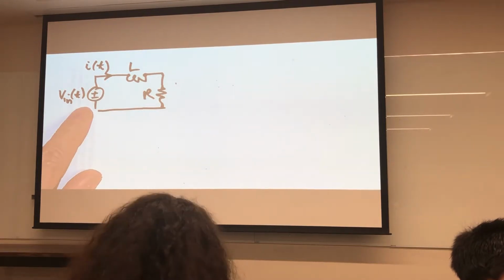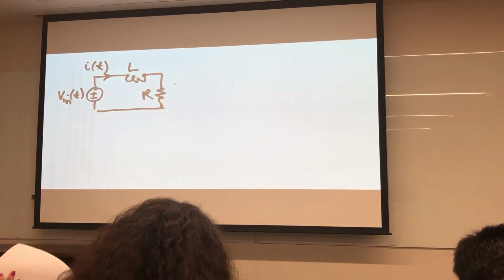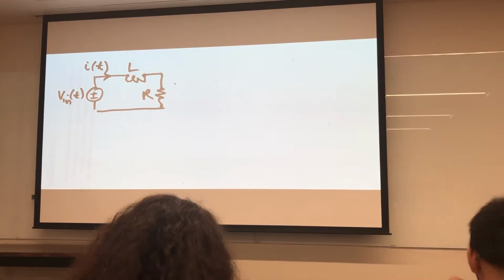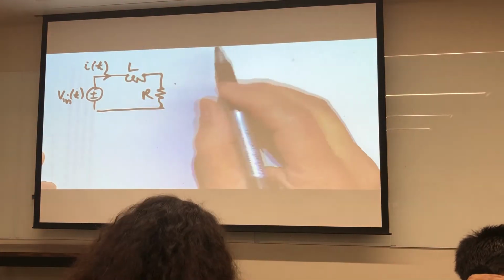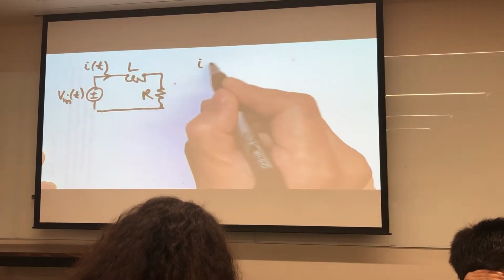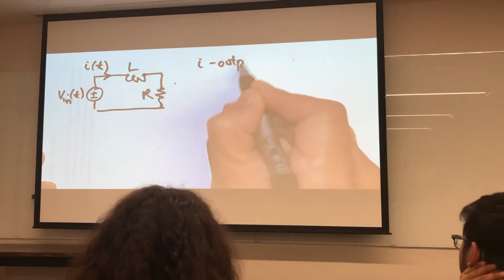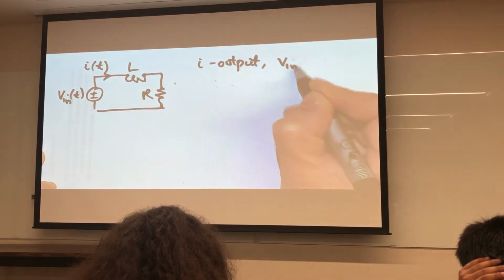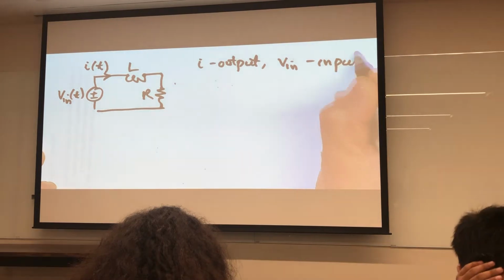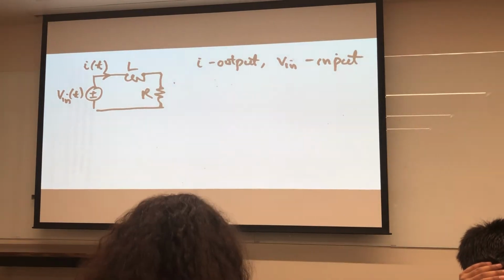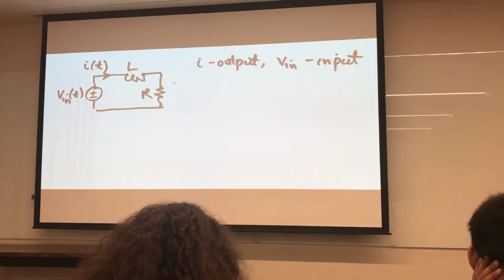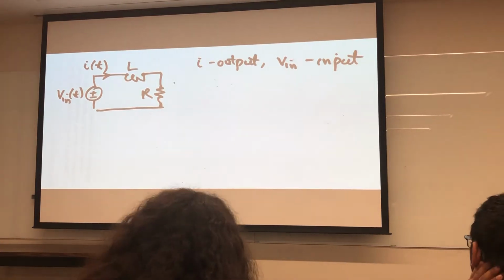It's just an RL circuit. It's got a voltage input, and maybe we're interested in I as the output. So let's suppose that I is the output, Vin is the input, and I want the transfer function that describes this problem.